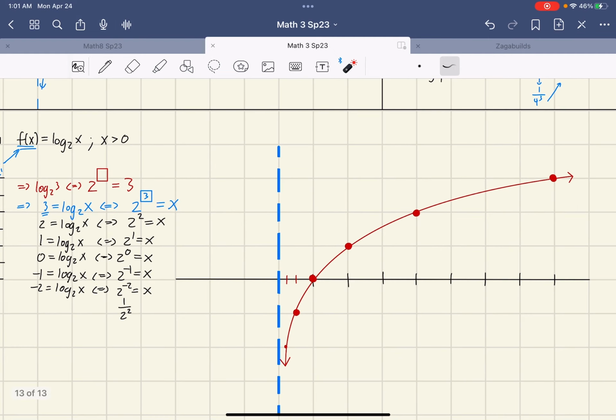This is the shape for all the exponentials that are bigger than 1. When they're smaller than 1, they go in the opposite direction. But we're going to focus on only the ones bigger than 1 for now.